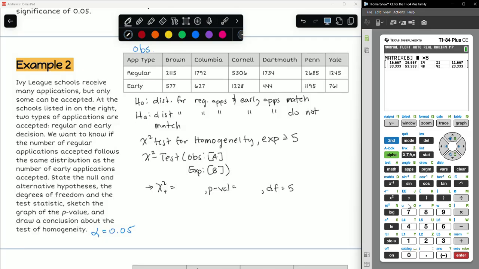Let's go ahead and put our data into the calculator. So second matrix, I want to edit matrix A. I have 2 rows and 6 columns.